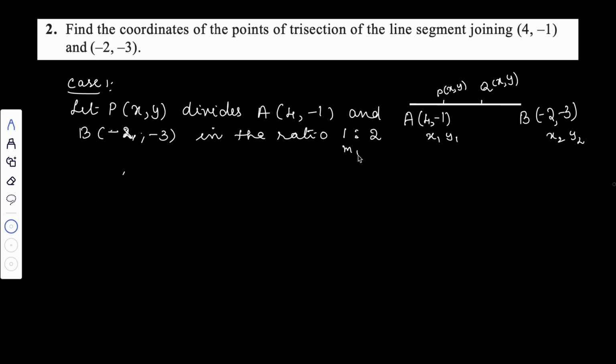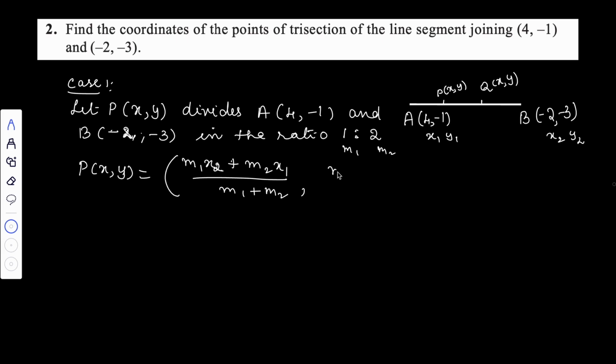So this is m1 and this one is m2, and x1, y1, x2, y2 I wrote here. We'll use the formula here. P(x, y) is equal to (m1 into x2 plus m2 into x1) divided by (m1 plus m2), and (m1 into y2 plus m2 into y1) divided by (m1 plus m2). Now we'll substitute these values.